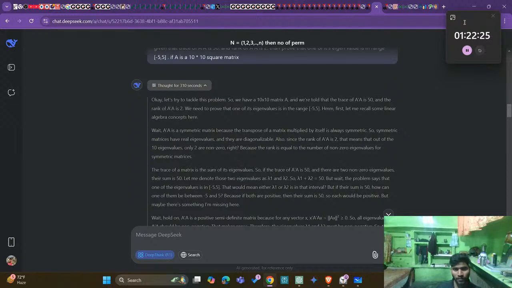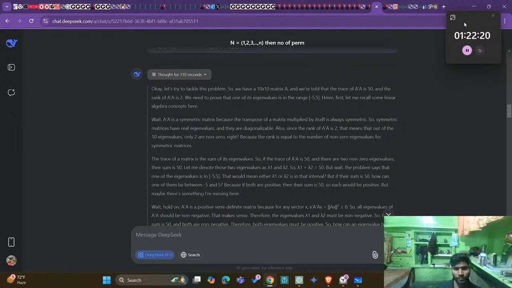Also, since the rank of A transpose A is 2, that means that out of 10 eigenvalues, only 2 are non-zero, right?